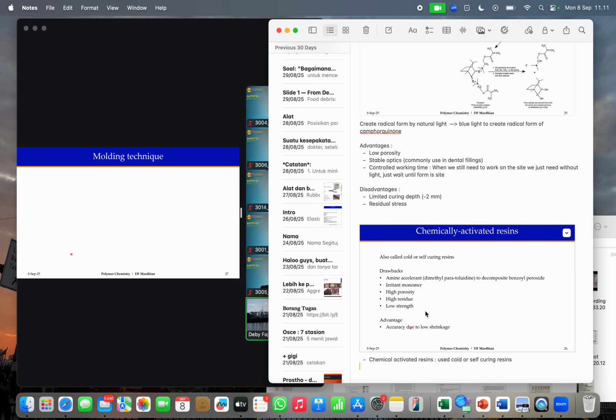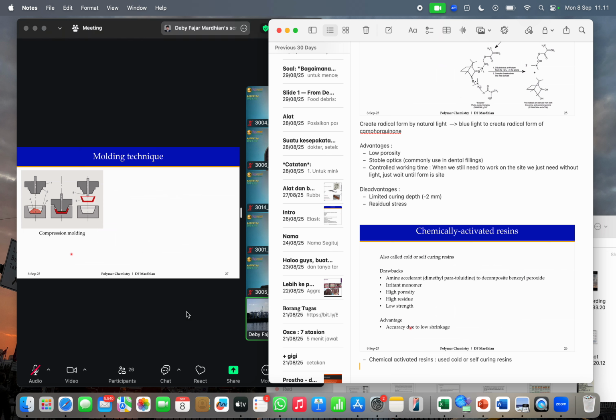And I think on Wednesday we would perform this molding technique, compression molding. First we prepare the acrylic resin by mixing the powder form and the liquid form together.